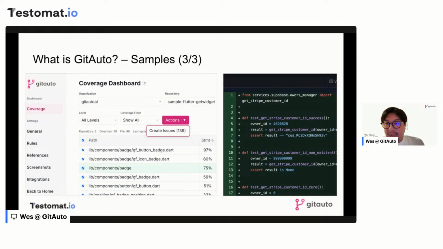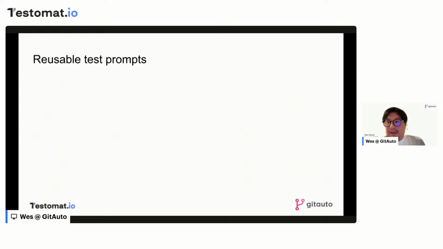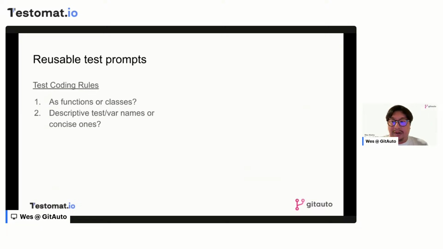Okay. All right. Finally, before we start writing the actual test cases, let me give you the reusable test prompts as well. The first one is test coding rules: do you want descriptive test names and variable names for functions or classes, or do you prefer concise ones?